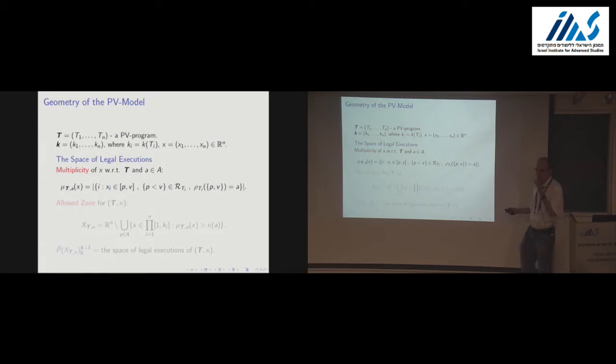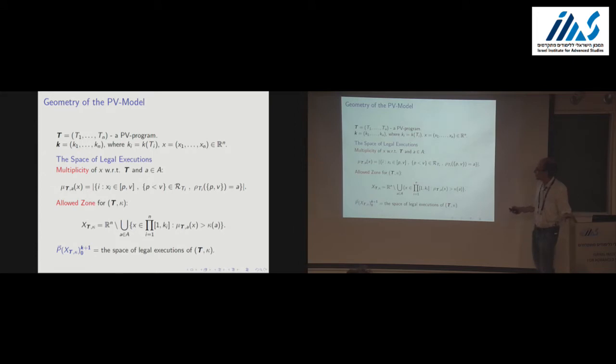If a point in time is (x1, ..., xn), we define the multiplicity to be the number of i's that use resource A at the point xi. Formally, you look at all i's such that xi belongs to a PV pair, and the label of that pair is A.